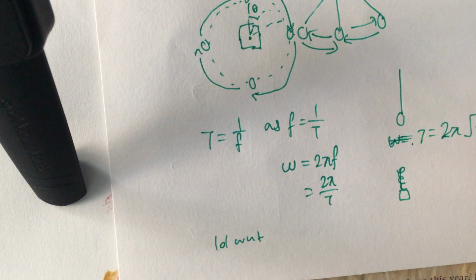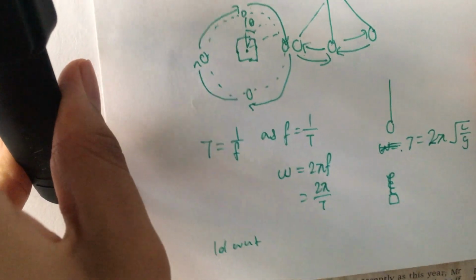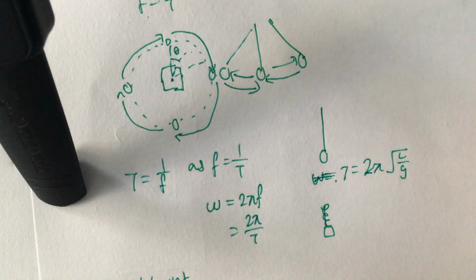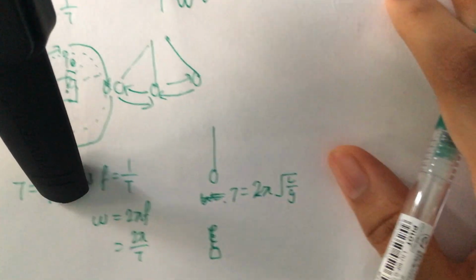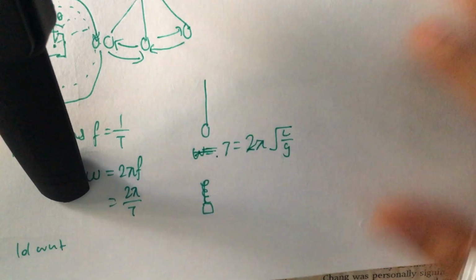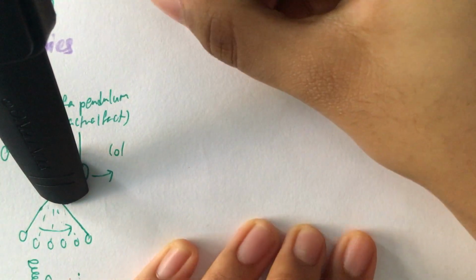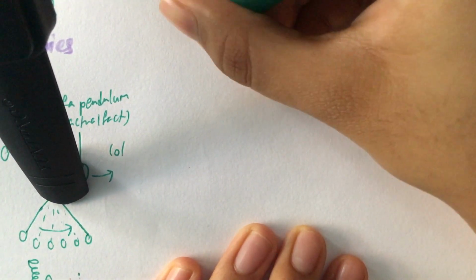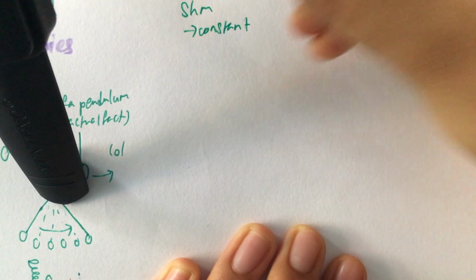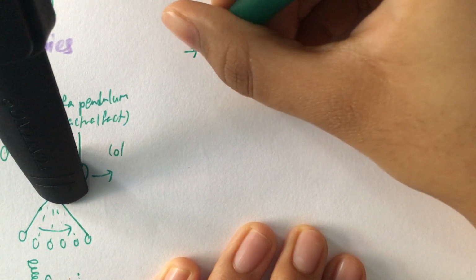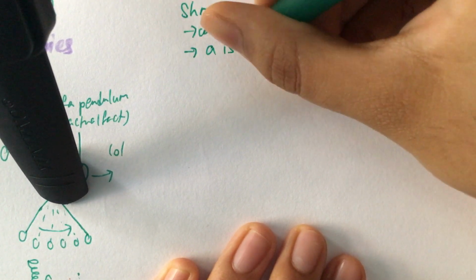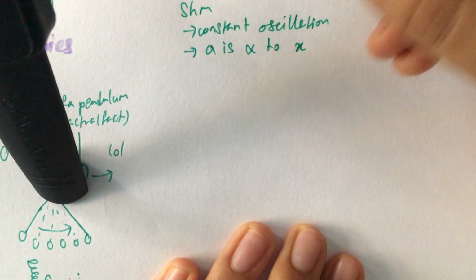If you were to write this down as a worded definition, you would say the defining equation of simple harmonic motion is a constant oscillation of an object in which the acceleration of the object is directly proportional to the displacement of the object and acts opposite to the direction of its motion.